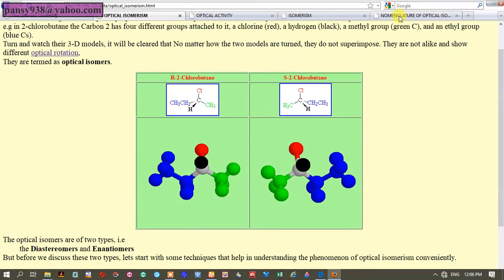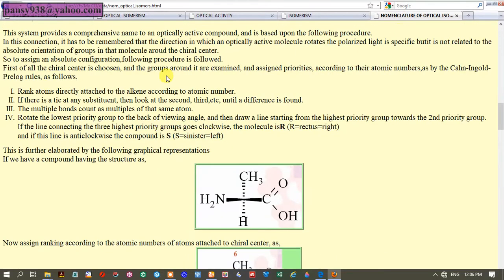but in a simple way, to understand the topic completely, remember that the R is derived from the Greek word rectus, which means right, and S from sinister, which means left.